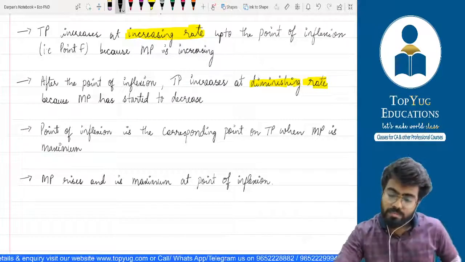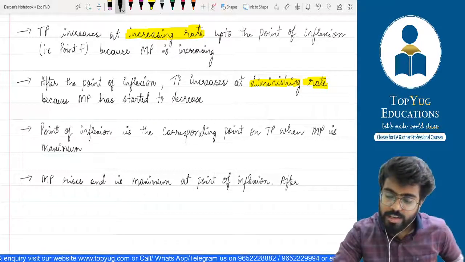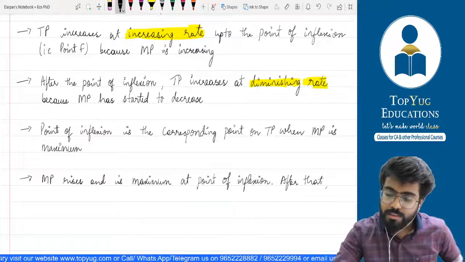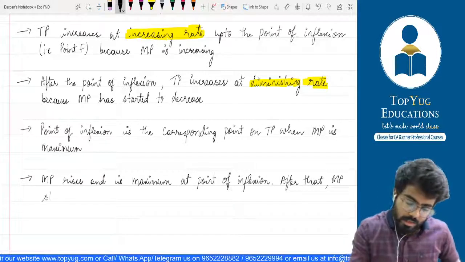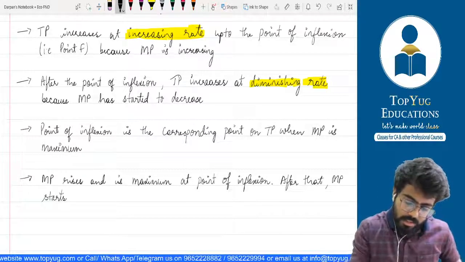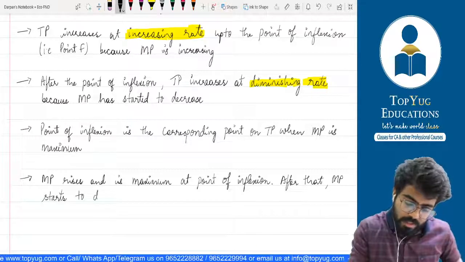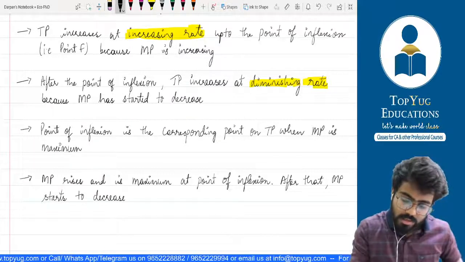Full stop. After that, MP starts to decrease.